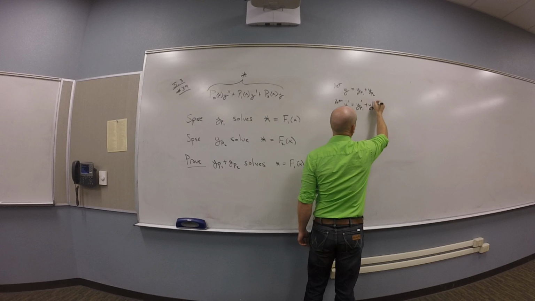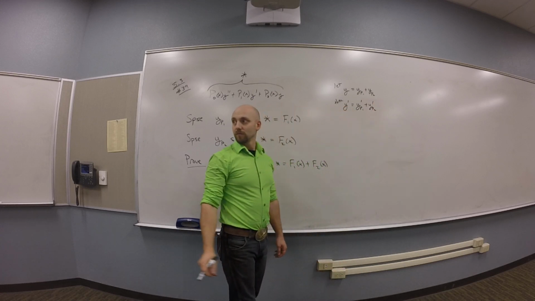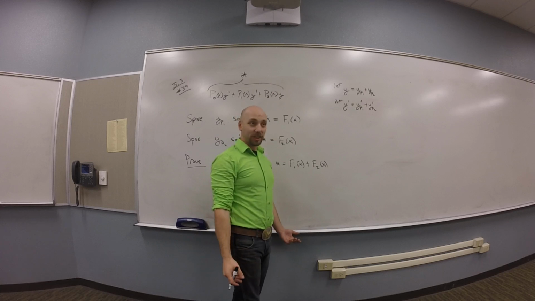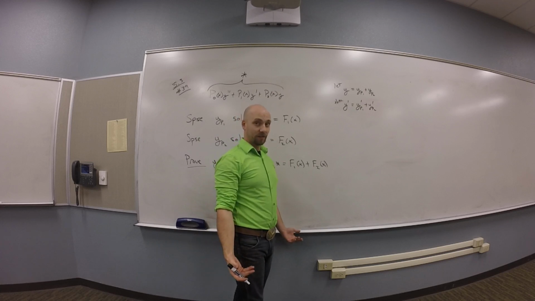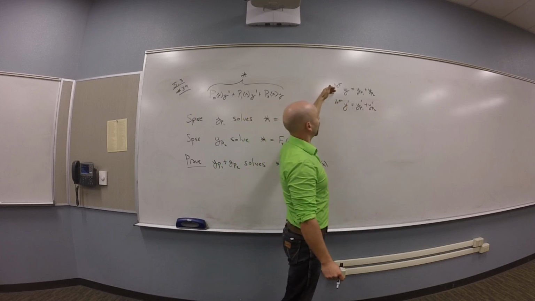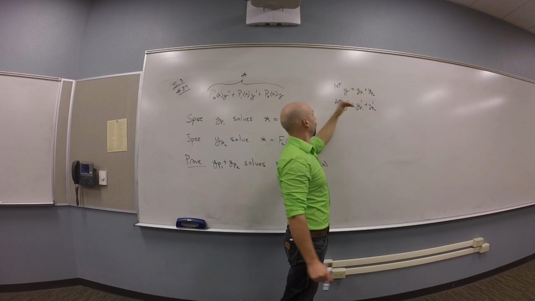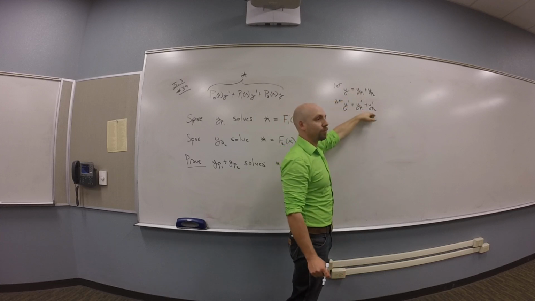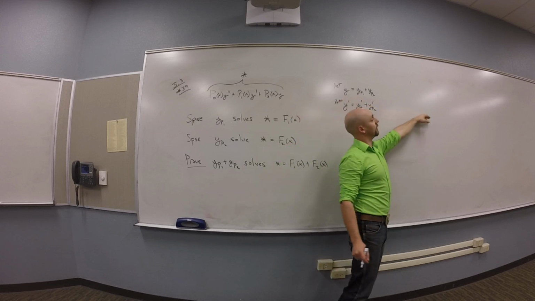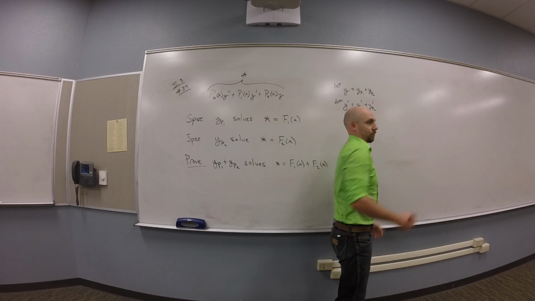Because that's how differentiation works. If you were writing a formal proof, you would say, let y be yp1 plus yp2, then y prime is yp1 prime plus yp2 prime, because that's how calculus works.